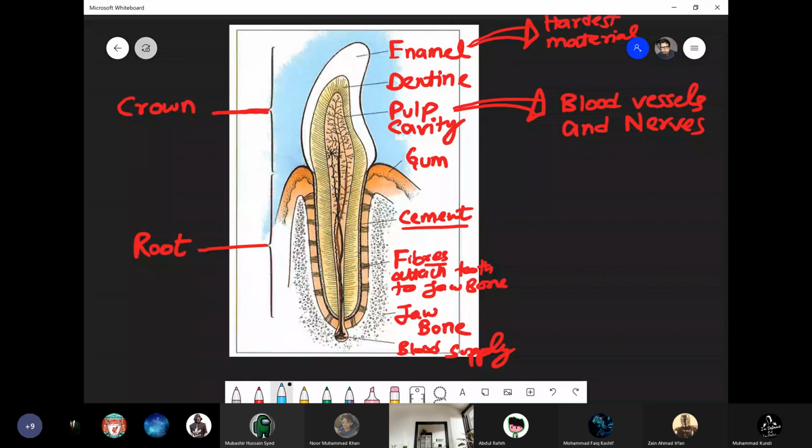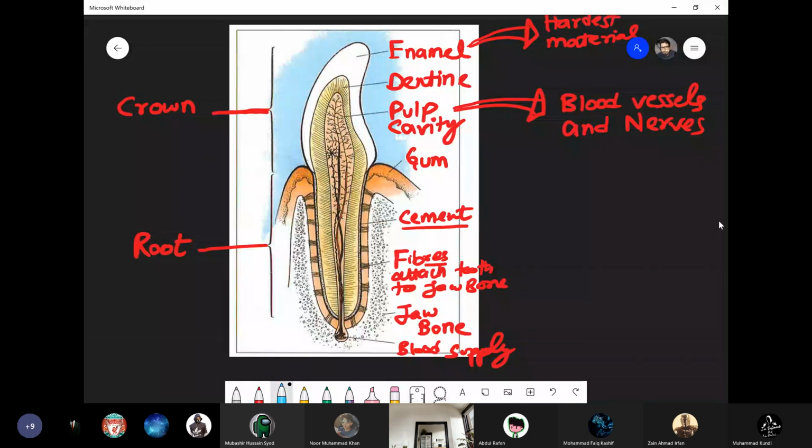Have you heard about these tooth cavities or not? Yes, sir. So a cavity will be formed, and sensitivity will increase. The nerves will be exposed, right? So if a person drinks something cold or hot, the person will feel severe pain.